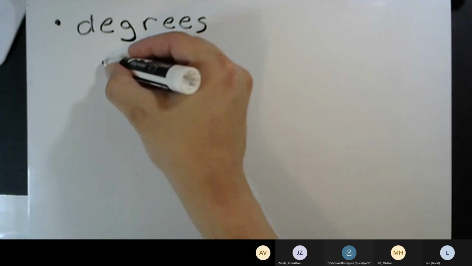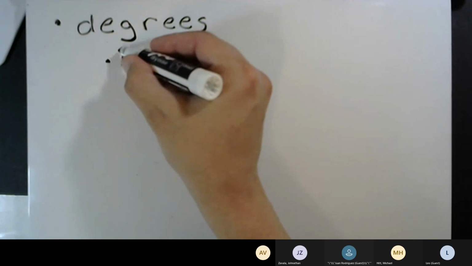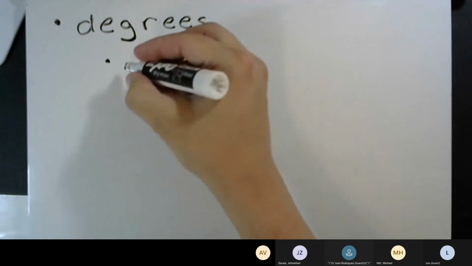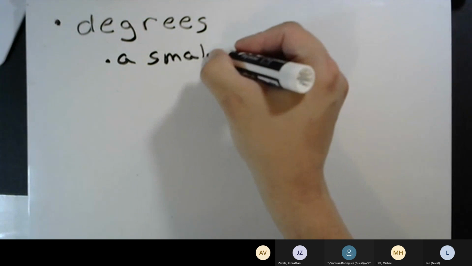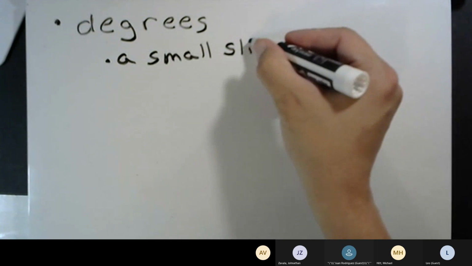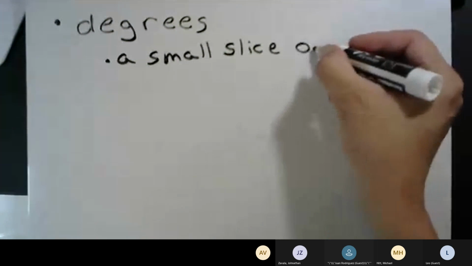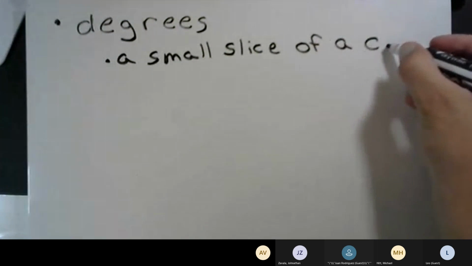And what we do, a degree is a small slice, if you will, of a circle.